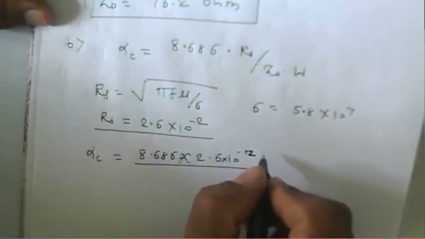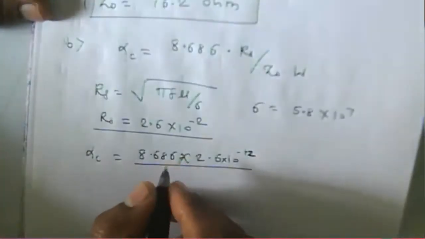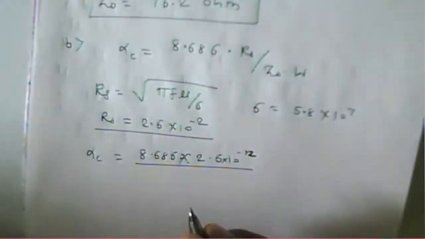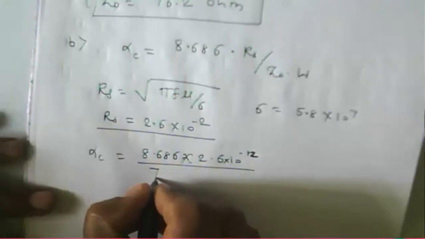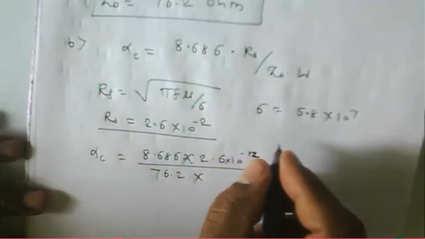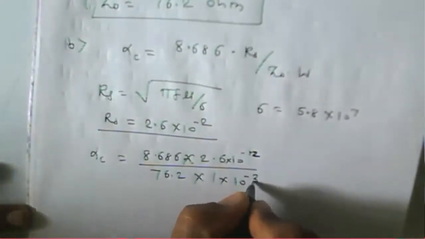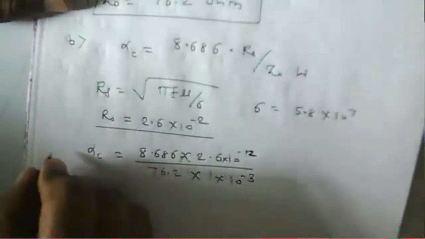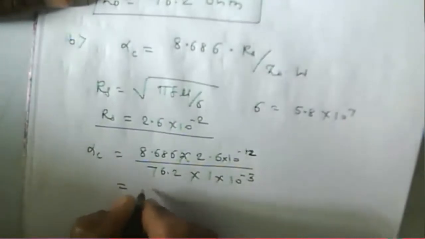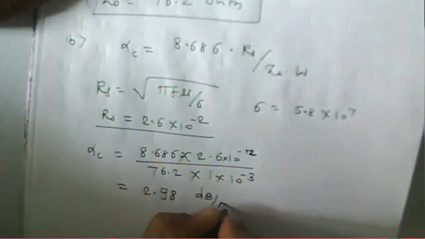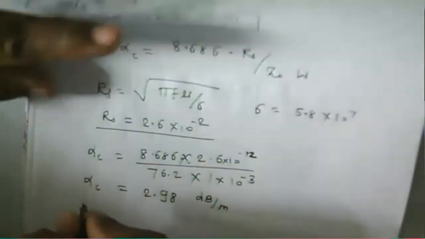Put that in, and alpha C is equal to 8.686 into 2.6 into 10 power minus 2, divided by Z0, the characteristic impedance. That value we are getting.